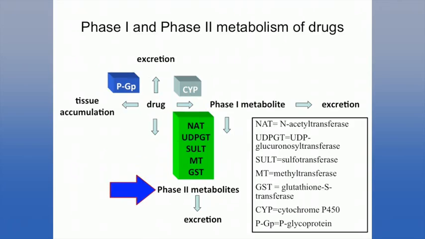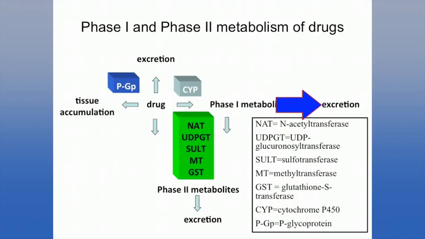So the drug subjected to phase 1 biotransformation, i.e. oxidation, cytochrome P450 system, those oxidative enzymes, are responsible for converting the drug into a phase 1 metabolite, with the idea being that the drug is now in a more excretable form and can undergo that process efficiently.